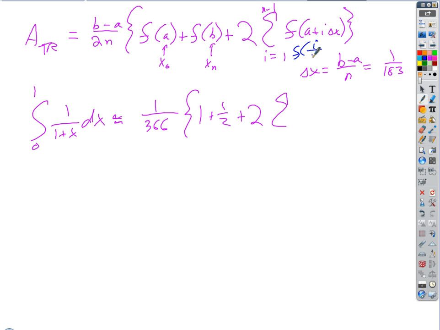So it's just f of i over 183, right? So doesn't that just look like 1 over 1 plus i over 183? Right, everybody agree? Okay, from 1 to what? 182. Right? And now we just throw that in our calculator. Does that make sense? Questions on that?